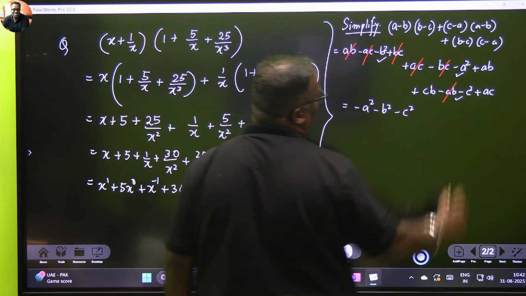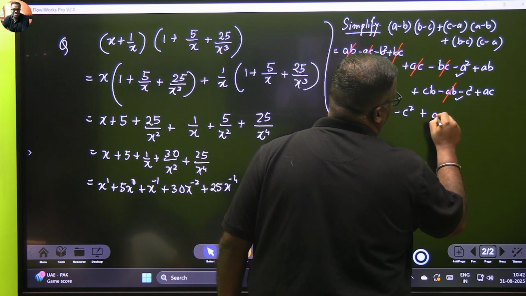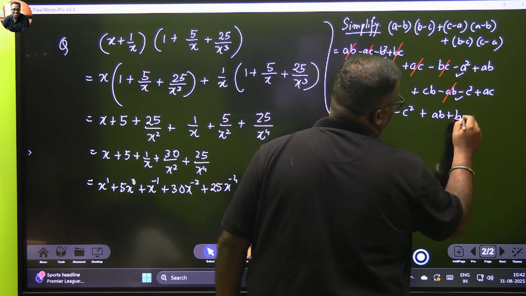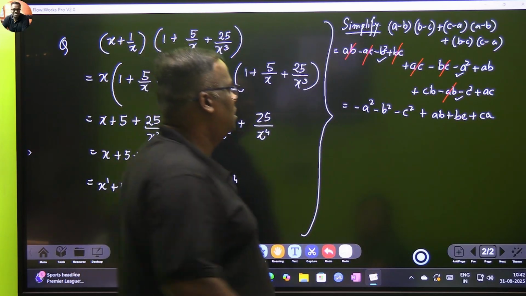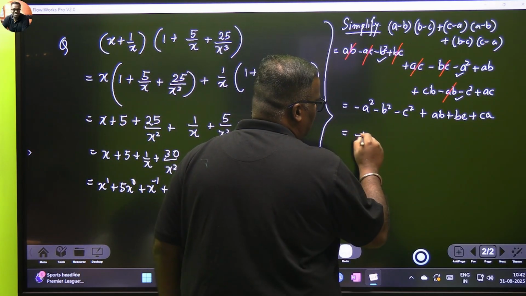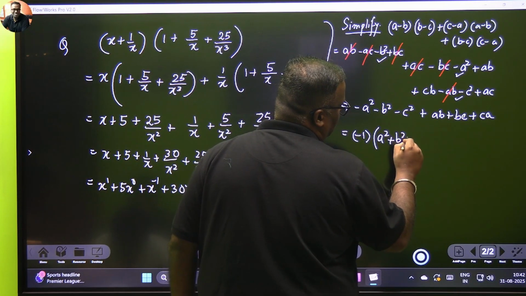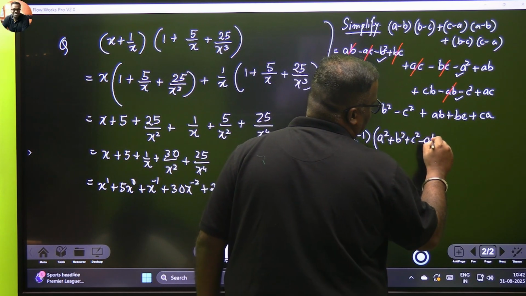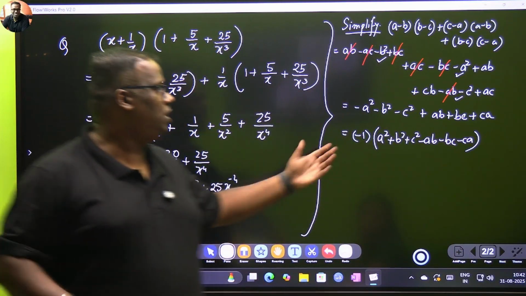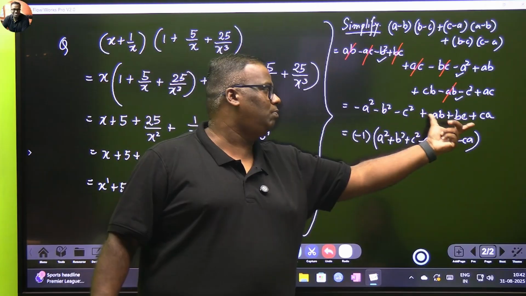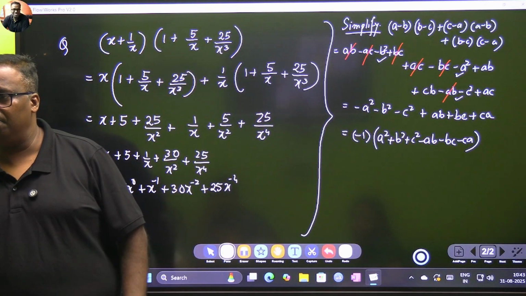And then you have plus ab plus bc plus ca. Now to make it better, you can take a minus 1 common and it becomes a square plus b square plus c square minus ab minus bc minus ca. This is totally up to you, just to make it look beautiful, or else you could have left it as it was. Able to do or stuck?